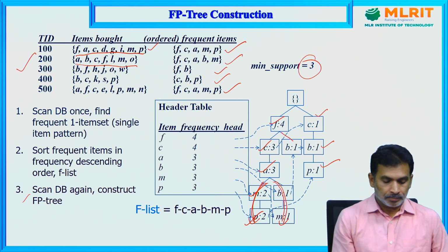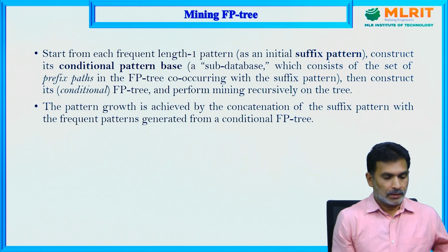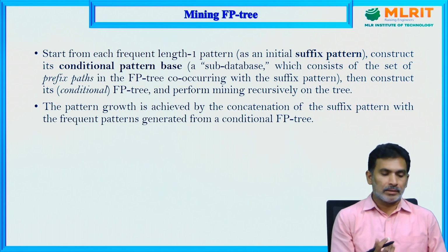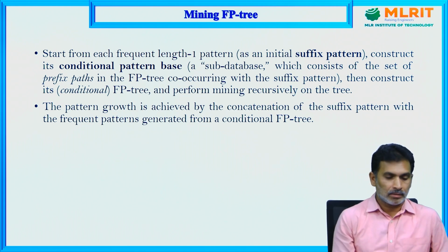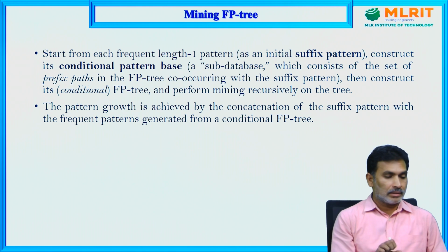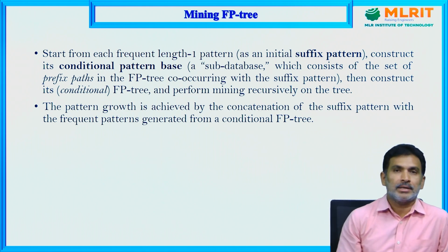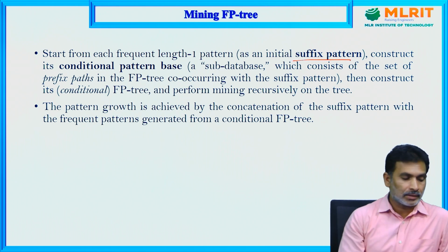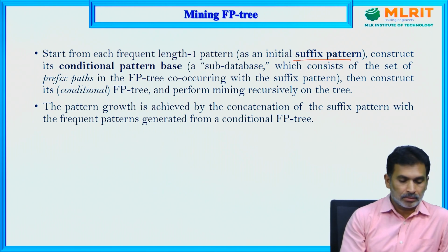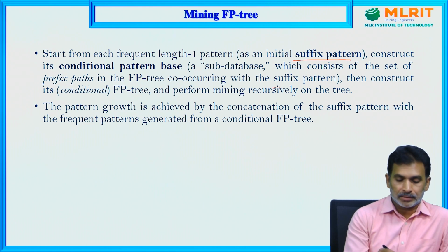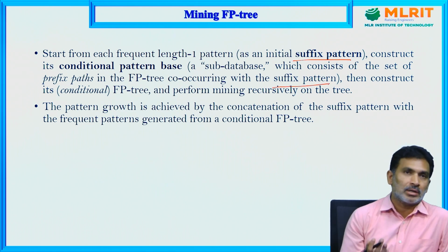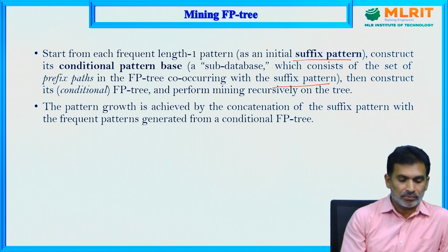This is simple. Now we have to understand how to mine the frequent patterns from the frequent pattern tree. We start from each frequent length-1 pattern as an initial suffix pattern and construct its conditional pattern base, that is, a sub-database consisting of the set of prefix paths in the FP tree co-occurring with the suffix pattern. Then we construct its conditional FP tree and perform mining recursively on the tree.